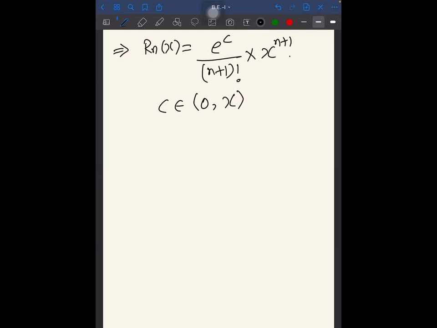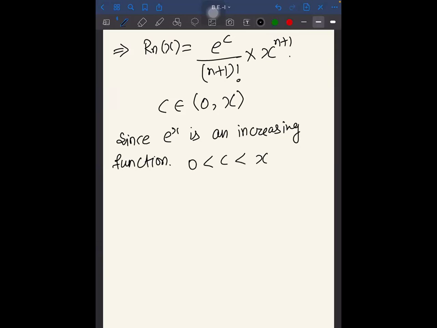Now see this. This is an important explanation. Since e^x is an increasing function, is it an increasing function? Right, increasing function. Therefore, your c lies between 0 and x.